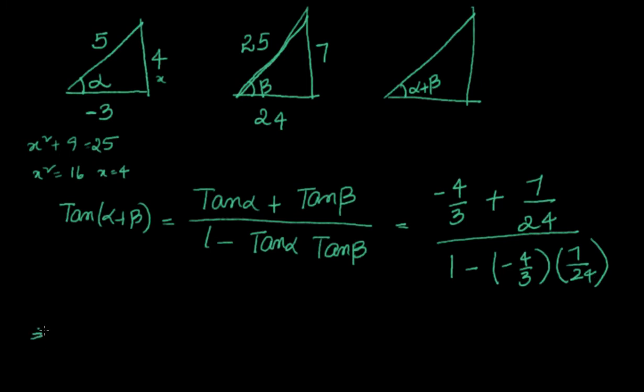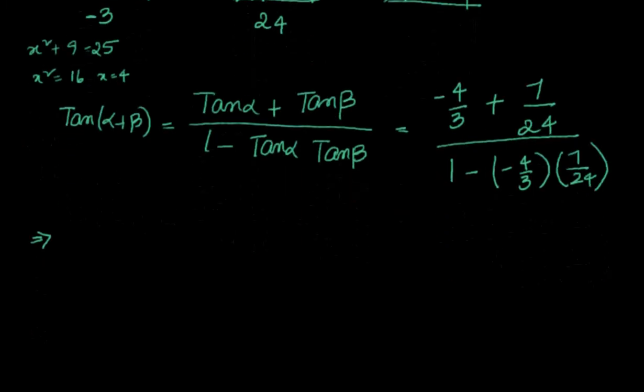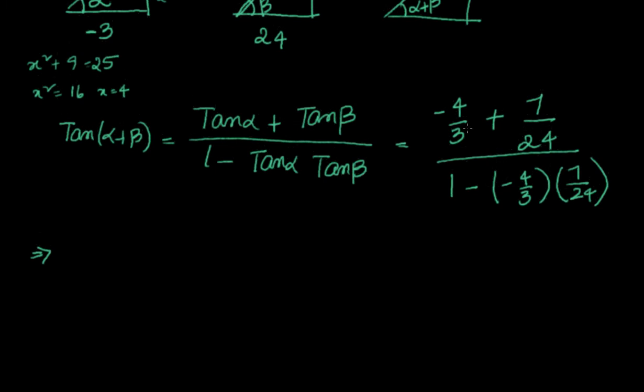We'll simplify this. If I multiply with 8, that becomes minus 32 divided by 24 plus 7 by 24, by 1 plus 4 by 3 into 7 by 24.